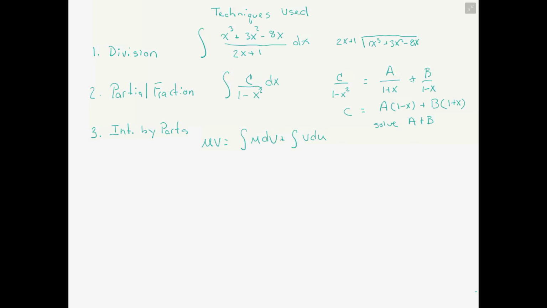Our third method is integration by parts. We've seen that, we've done that, and that one is uv equals u dv plus v du. Our fourth method is simply a u substitution.